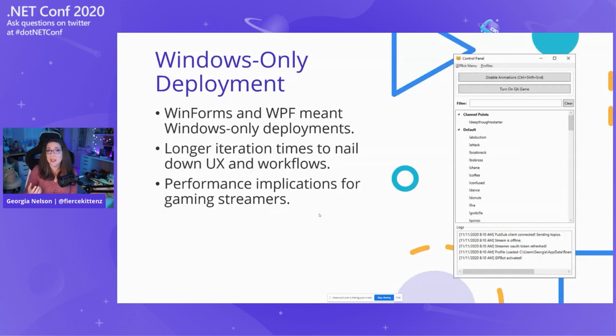If I wanted to add something new, it was add a new dialogue, now add the menu for it. And I don't use the WYSIWYG editor that's provided in Visual Studio for XAML. I prefer to write my own XAML. So maybe that's a me problem, but it definitely was a longer iteration time for me to add new features to the product.